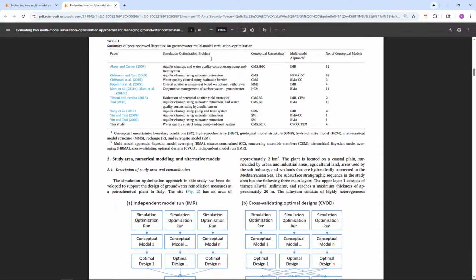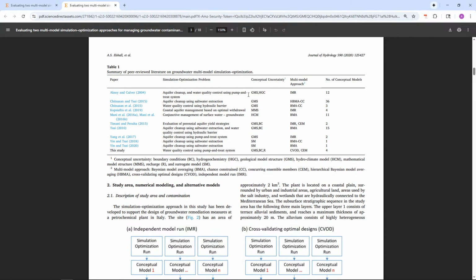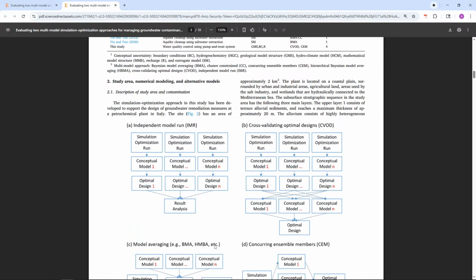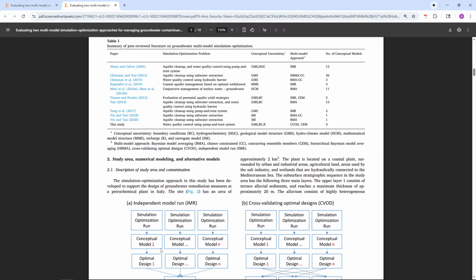So you see here, these are examples from literature. This guy, for example, used this method, the model averaging method.